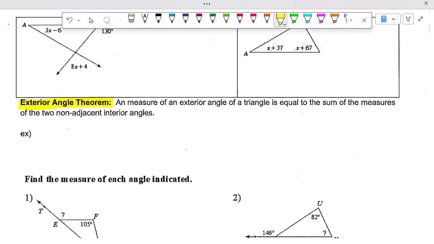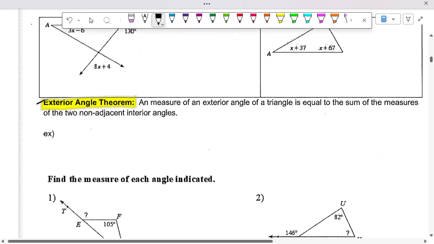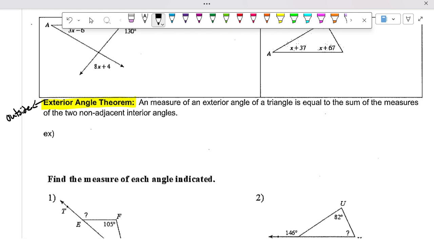So when you hear the word exterior, what am I talking about? Outside. So we're talking about an angle outside the triangle. The exterior angle theorem says the measure of the exterior angle of a triangle is equal to the sum of the measures of the two non-adjacent interior angles.